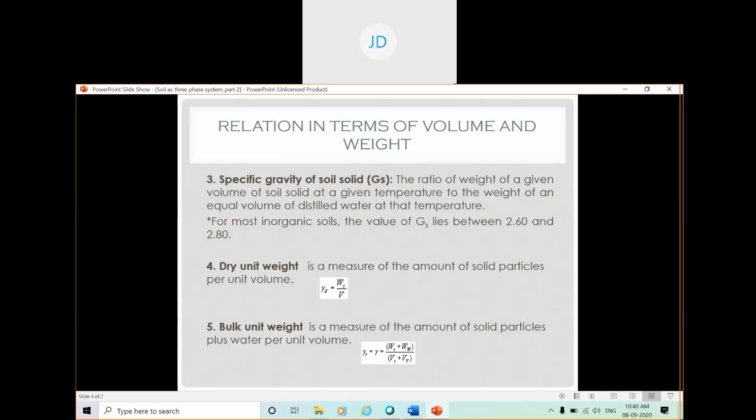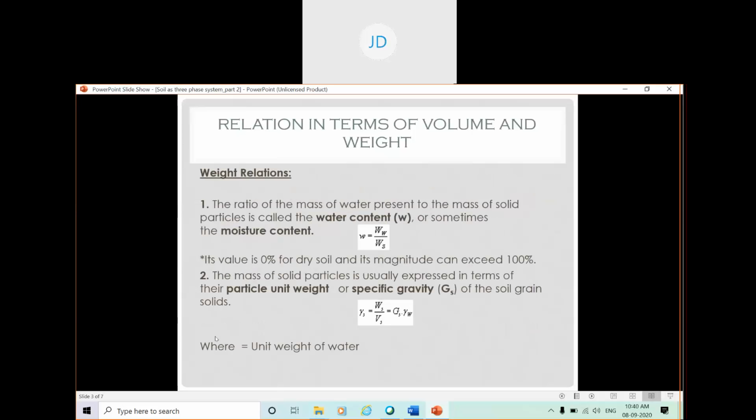Now let's go back to that last slide. Here you can see this is unit weight of solid. This gamma w represents unit weight of water. Fine. So if you just rearrange this formula, the capital Gs, that is specific gravity of solid, can be defined as the ratio of unit weight of solid divided by unit weight of water. So indirectly we can also find the unit weight of solid by multiplying unit weight of water with specific gravity of solid.